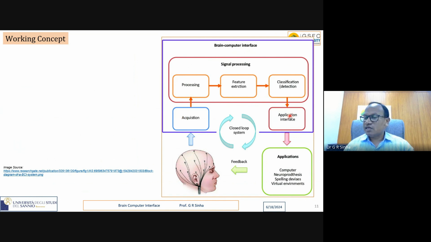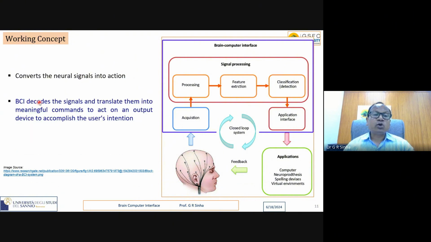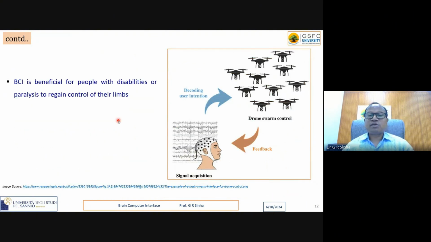This is the application interface stage, which interfaces between signal processing and the applications. There can be multiple applications. So this is the working concept where the BCI converts the neural signals received from the brain into action, into commands. BCI decodes the signals and translates them into meaningful commands to act on an output device to accomplish the user's intention. If somebody wants to do something, the person can do it.